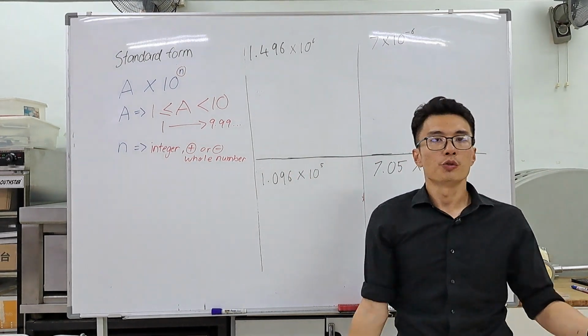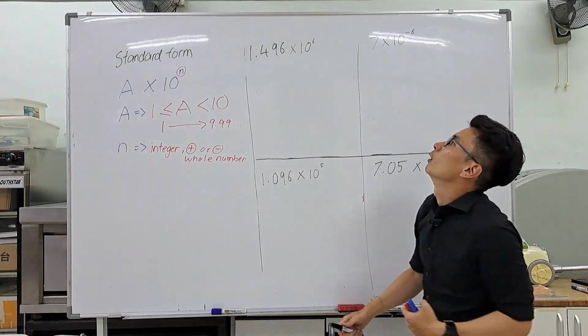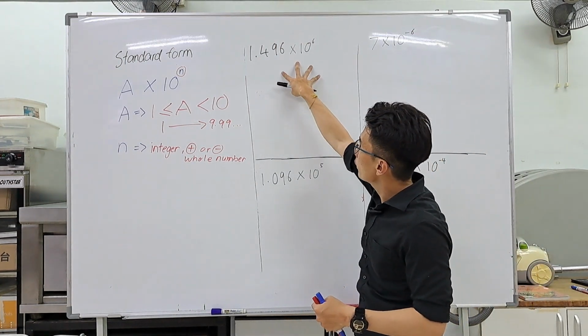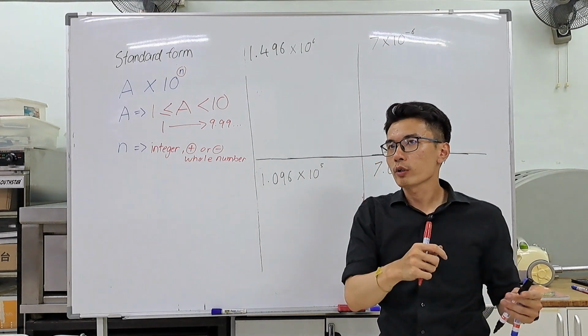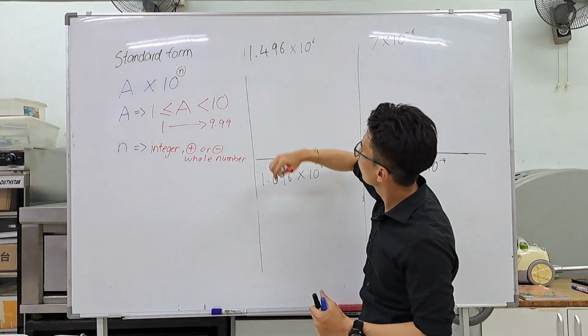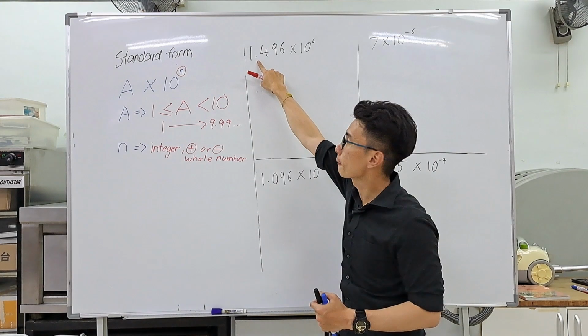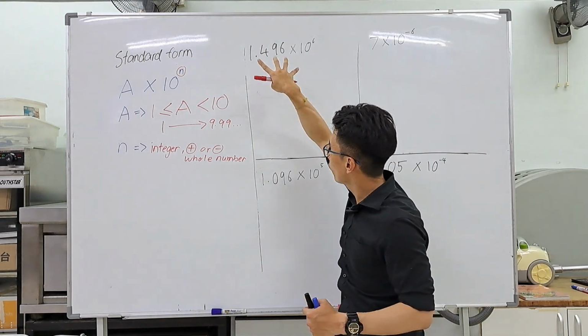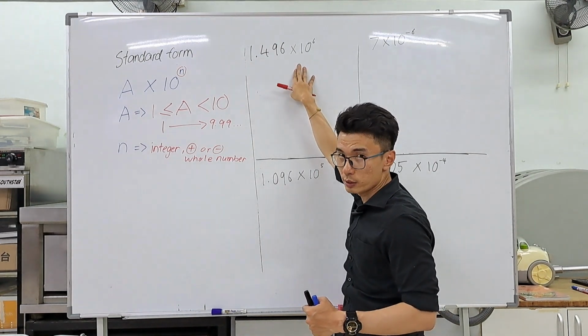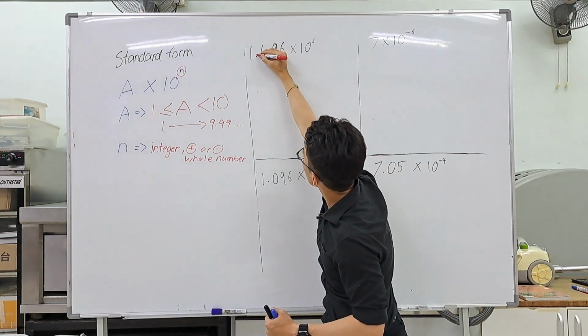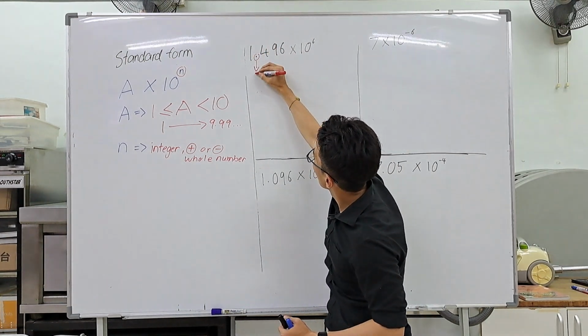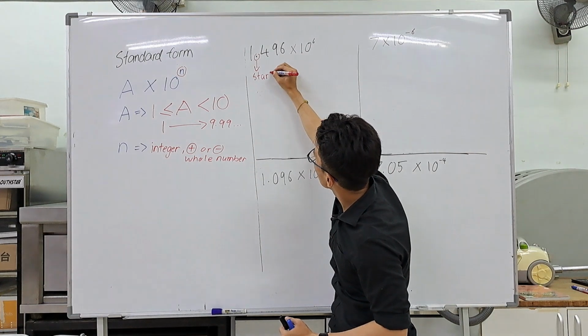All right, very simple. All you need to do is look at a few things over here. Number 1 is the decimal point. If this number is given to you in standard form, this decimal point will be your start.